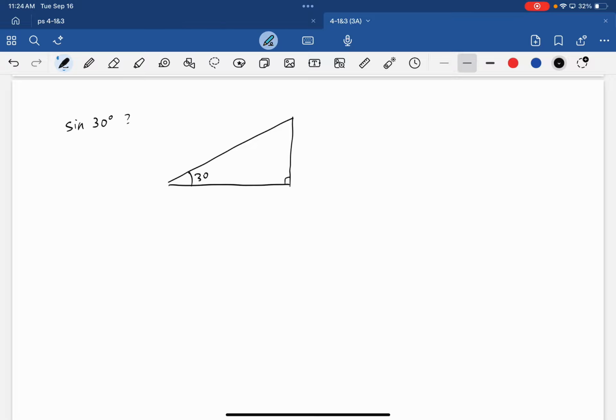So we would have 2, 1, root 3. Make sure you never mix up the root 3 and the 1. The root 3 is always the bigger side. That's opposite the 60-degree one. Can anybody approximate root 3? It's an important approximation to know.